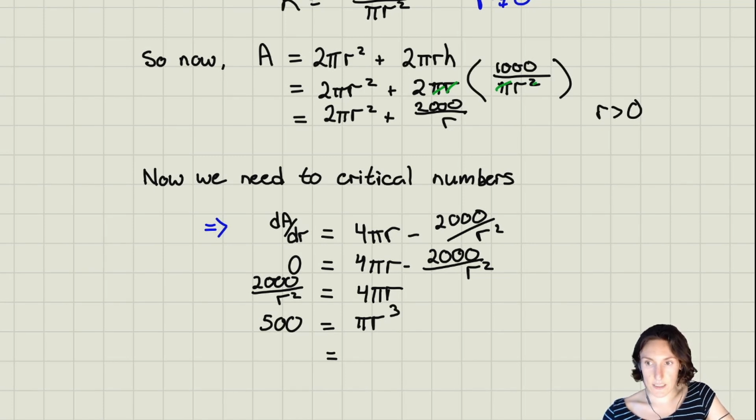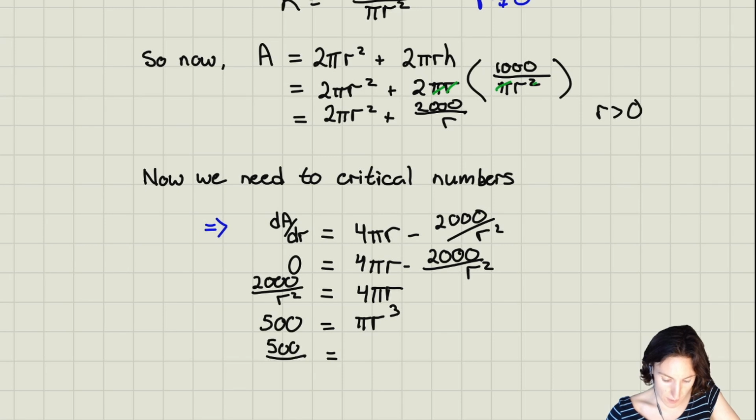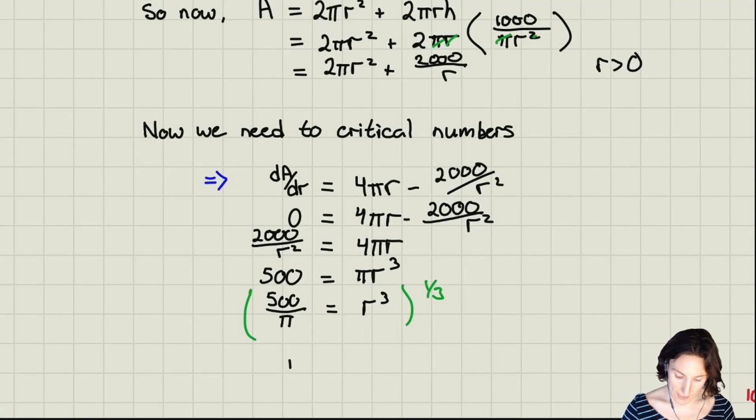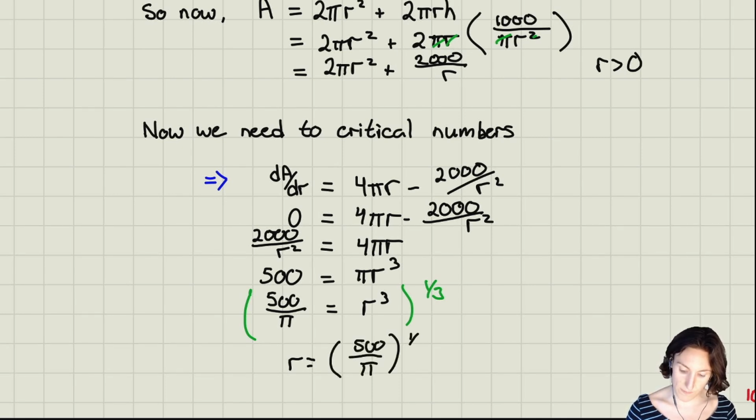I'm trying to isolate for r, so I'm going to write this as 500 divided by pi. To isolate for r, I'm going to have to take the cube root, so take everything to the power of 1 over 3. Okay, so I get an expression that is absolutely beautiful: r equals 500 divided by pi, to the power of 1 over 3.